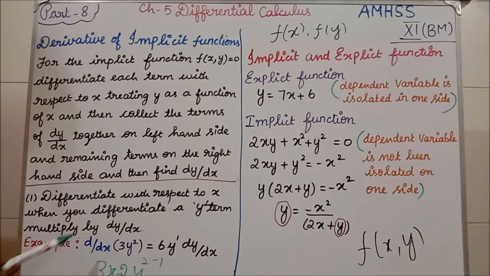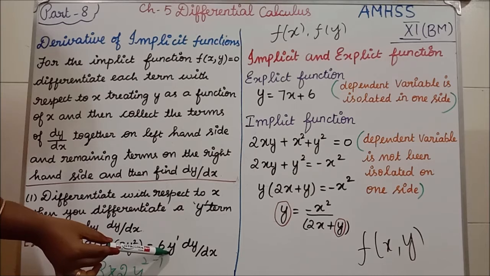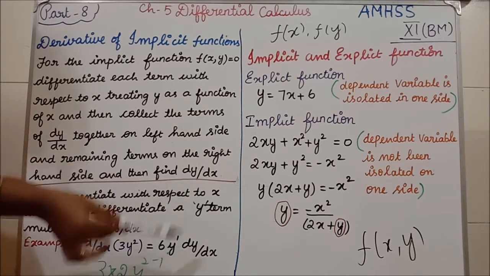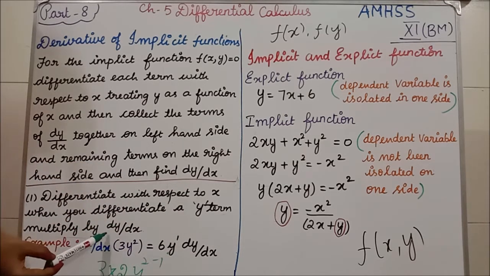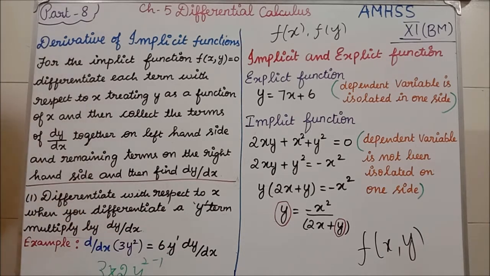That is what they are saying: differentiate your y term. We are differentiating the y term, isn't it? That time we have to multiply by dy by dx. Clear? Afterwards you have to write dy by dx. Clear students, all of you? If you need, I will give you another example for implicit function, you will be very clear.